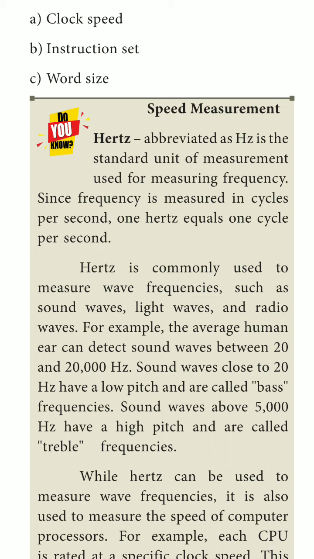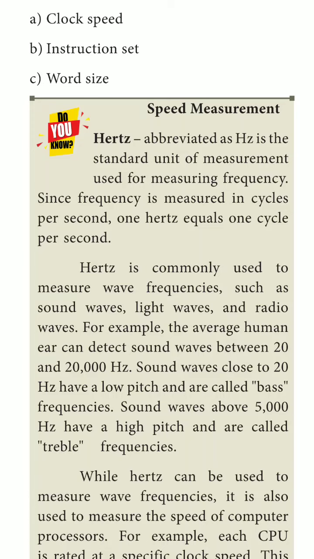The abbreviation of hertz is Hz. It is the standard unit of measurement used for measuring frequency. Since frequency is measured in cycles per second, 1 hertz is equal to 1 cycle per second.